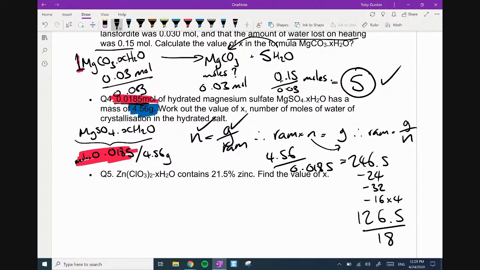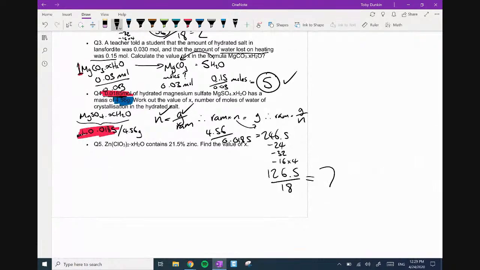Right, divide that by 18, and I get 7. So X is 7 in this case, folks. So just to tell you, 7 is the right answer for question number 4.